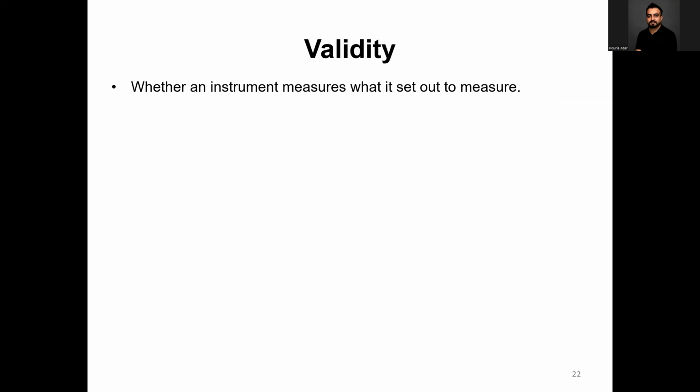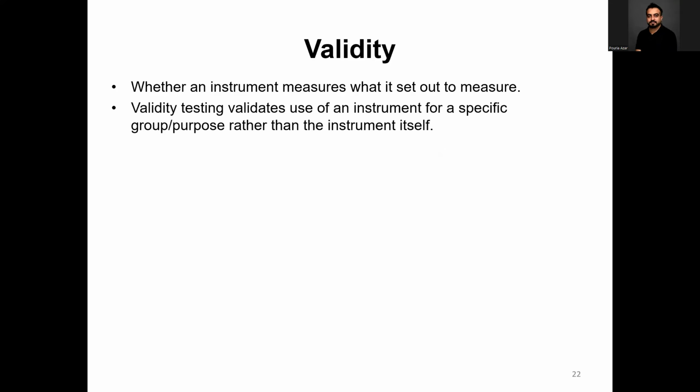Validity and reliability are very important concepts. So validity refers to whether an instrument measures what it set out to measure. So when we say validity testing, we mean validating use of an instrument for a specific group or purpose rather than the instrument itself.